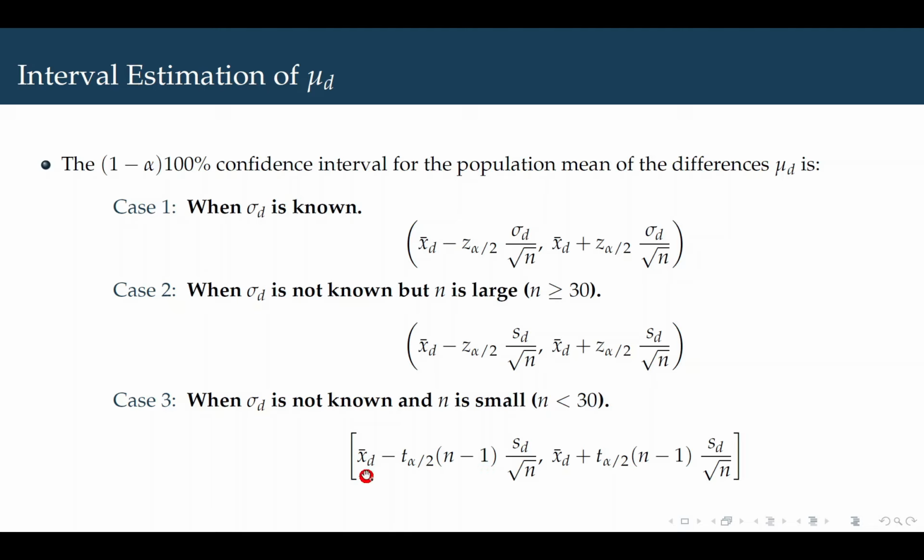And the other terms are just the sample mean of the differences, the sample standard deviation of the differences, and also the sample size. And the same is true here, just we change the minus to plus.